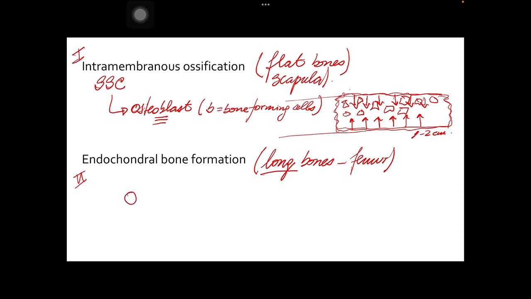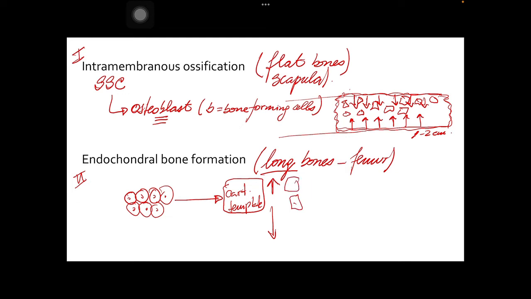And what we will see is that first we have clusters of mesenchymal stem cells that, again, are going to deposit a cartilage template that is going to grow both distally and proximally to create the ossification centers, primary and secondary ossification centers, and then formation of these regions of cortical bone, integration of blood vessels, integration of primary ossification centers, secondary ossification centers, and that's how new bone is formed.